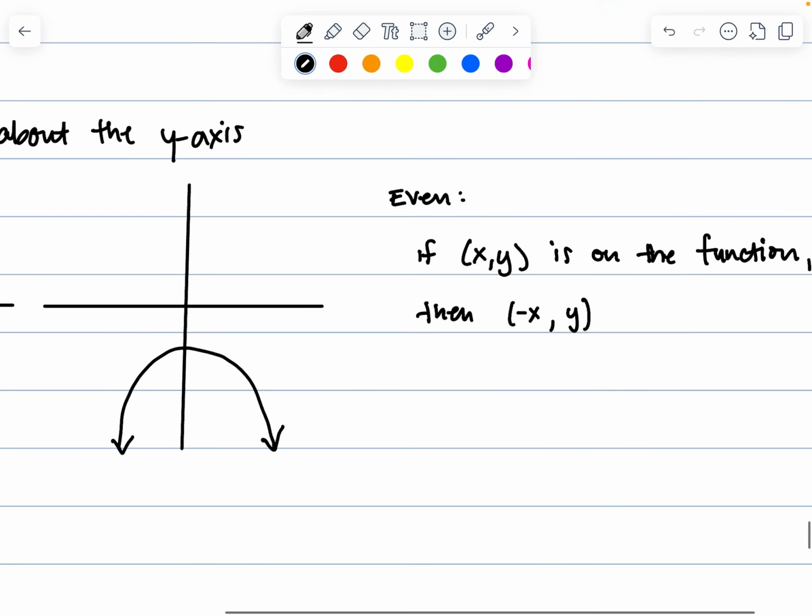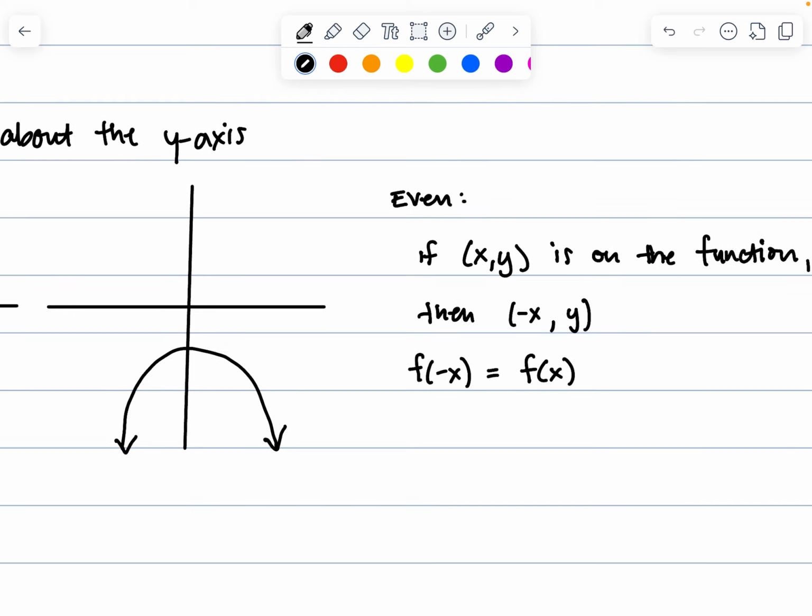In other words, if I plug in a negative x into the original function, it will output the same output as if you were to do f of x. So this is what I mean.